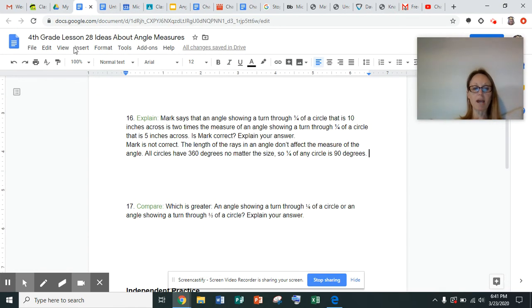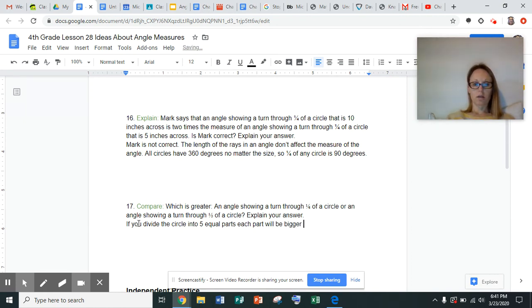So when we go back to our explanation, we can say if you divide the circle into 5 equal parts, each part will be bigger than a circle with an angle through 1/6 of the circle.